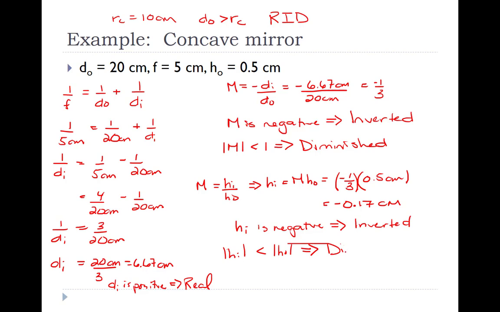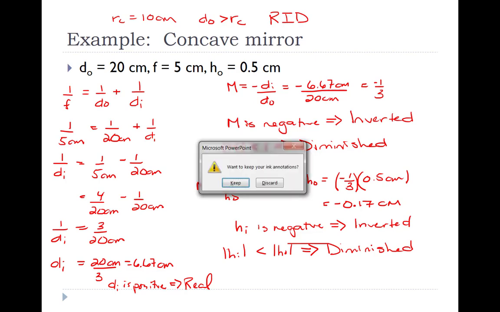Therefore, it is diminished. So the results I got from the calculations agreed with the results I got from the ray diagram analysis and looking at the simulation in the last unit.